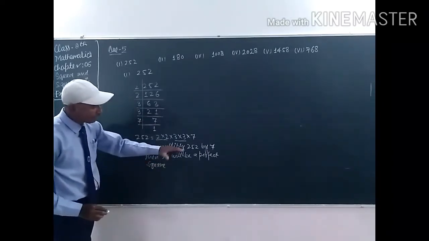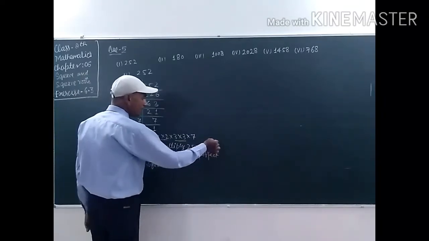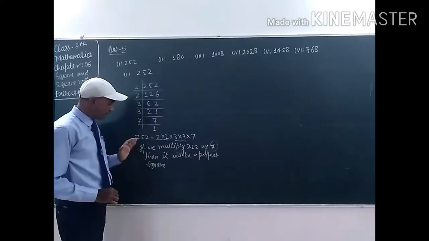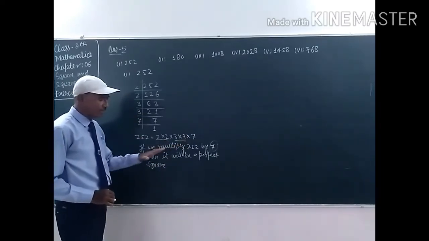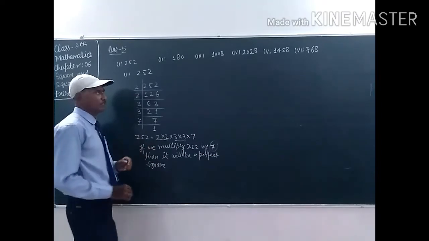So the required number is 7, student. Clear? So 7 is the required number. If we multiply this number 252 by 7, then it will be a perfect square number.